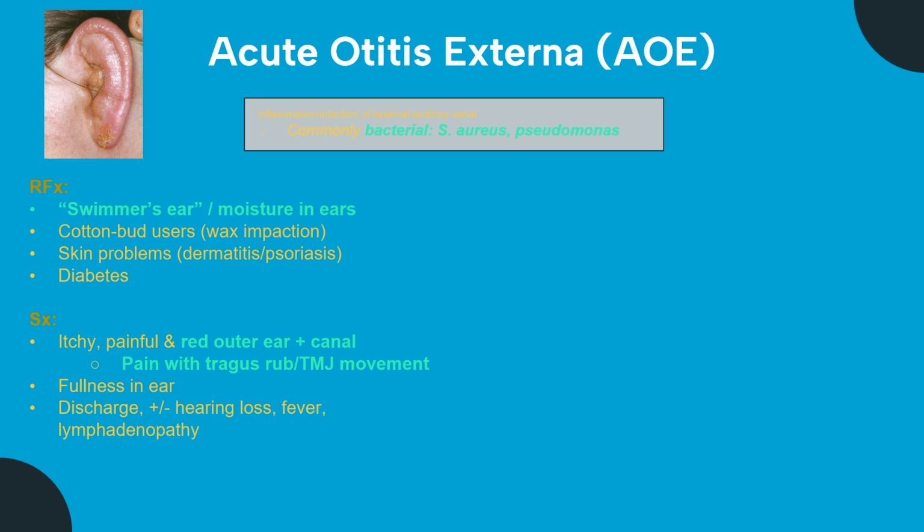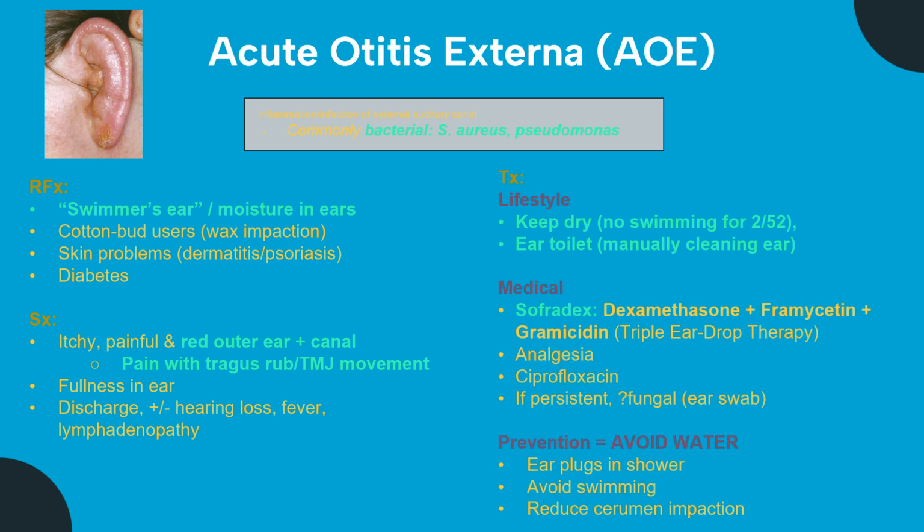They also feel what we call a fullness in the ear. They feel like the ear's full, they can't get the moisture out. It's quite common in this condition to see discharge. Sometimes you can have hearing loss. Occasionally some fever and lymphadenopathy as well, particularly if it's becoming more of a systemic infection.